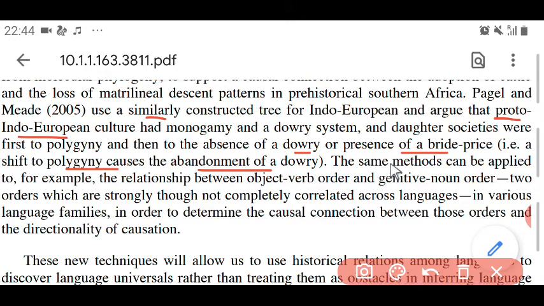The same methods can be applied to, for example, the relationship between object verb order and genitive noun order, two orders which are strongly, though not completely, correlated across languages, in various language families, in order to determine the causal connection between those orders and the directionality of causation.